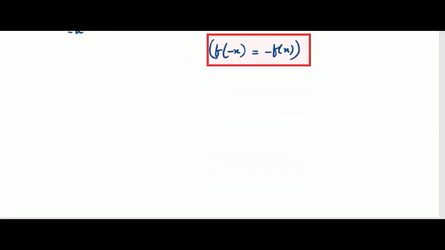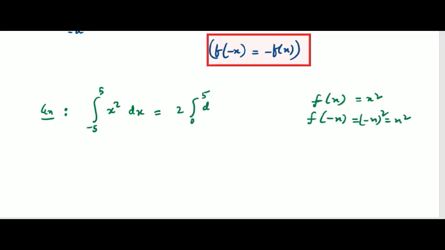I'm giving examples. Suppose you are finding the integral of x square dx from minus 5 to 5. You need to check whether, if you change x to minus x, things will change or not. However, if I write the integral from minus 5 to 5 of x power 3 dx, then it will be 0.